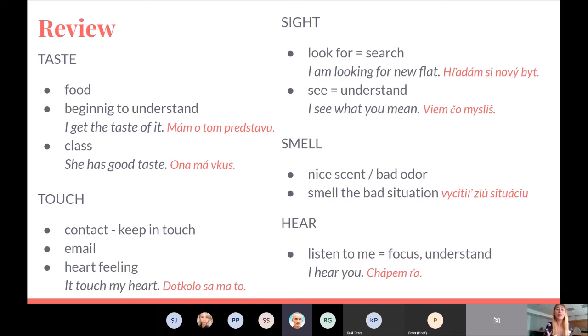So if you hear the phrase, I get the taste of it, means I'm beginning to understand what the topic is about. So maybe after this lesson, you could say, I got the taste of the topic tenses. So you begin to understand.